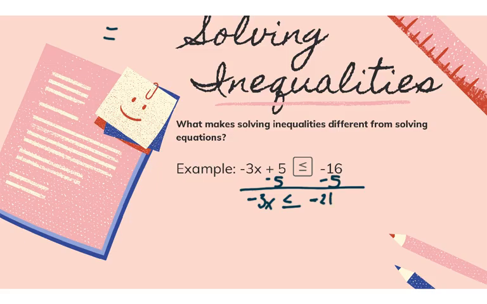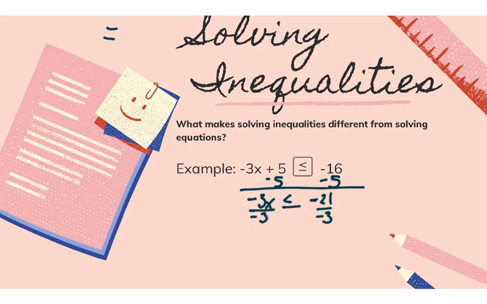Now, we're going to continue to use inverse operations, but we do something a little different when it comes to multiplying by a negative or dividing by a negative. In this case, our negative 3 is multiplied with x. The inverse operation for multiplication is division. So we're going to divide both sides by negative 3.